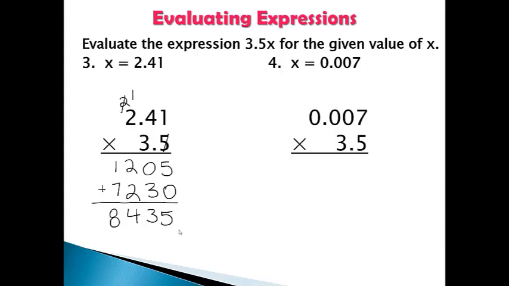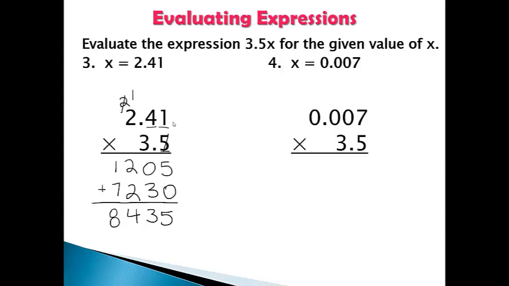Our last step is to see where our decimal is going to go. If we look at the original problem, we need to look at how many digits we have after the decimals. So for 2 and 41/100, we have a 4 and a 1, which means we have 2 digits after the decimal. And for 3 and 5/10, we just have the 5 after the decimal, or 1 digit.